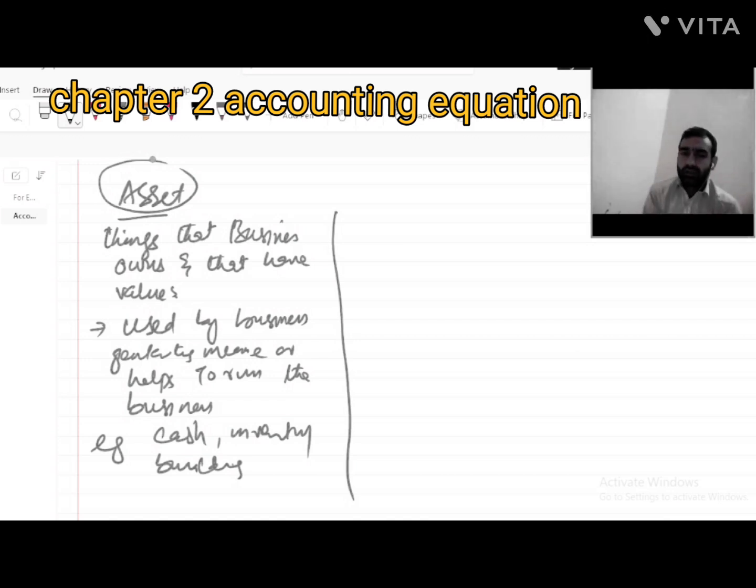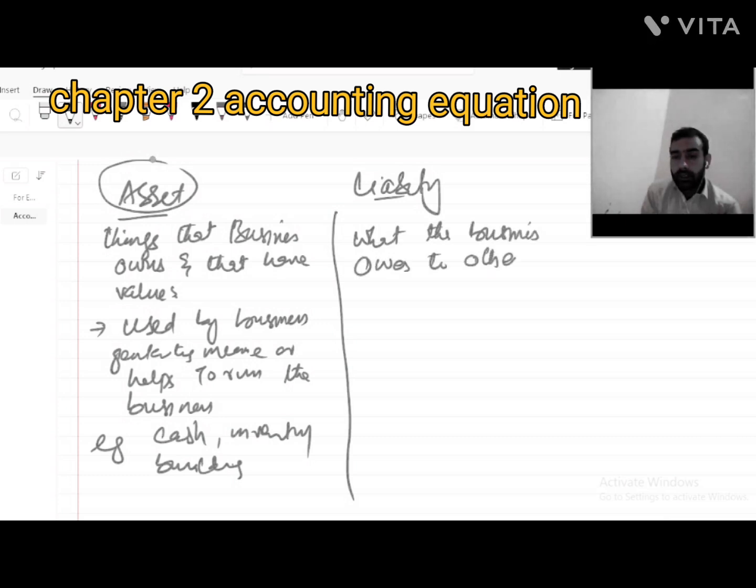Clear? Now the second component of the equation is liability, and liability is what the business owes to others. What does it mean? It means your debt or your obligation that the business needs to pay in the future.